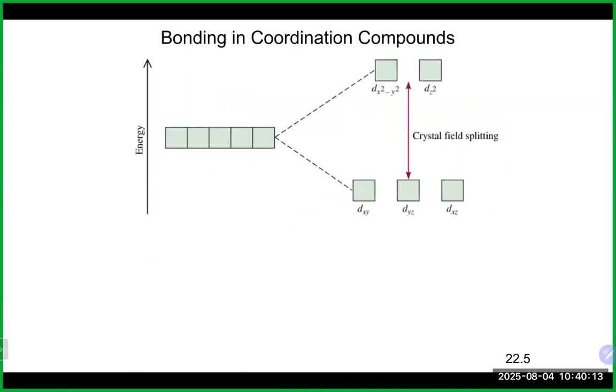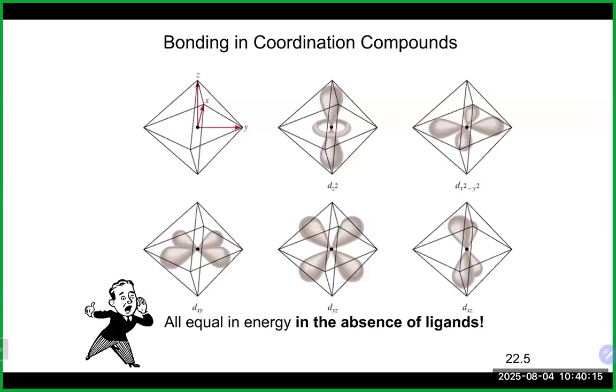Now, when we look at our transition metal, as we talked about, the d orbitals are involved. There are 5 different d orbitals, and each one can hold 2 electrons: 2, 4, 6, 8, and 10.